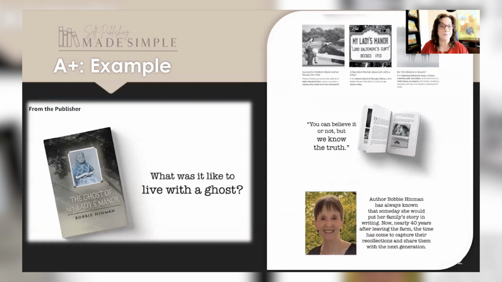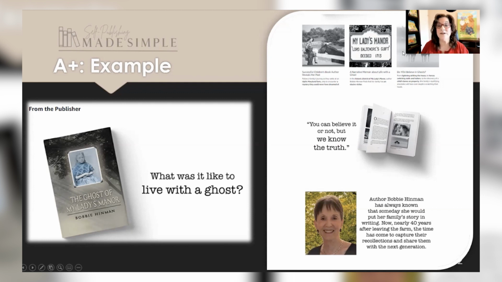Well, you might say to me, well, April, it's all children's books. Sure, you've got visuals there, but my book is a novel or it's a memoir. Well, here's an example from author Bobby Hinman. At the top, we start with this little hook. What was it like to live with a ghost?